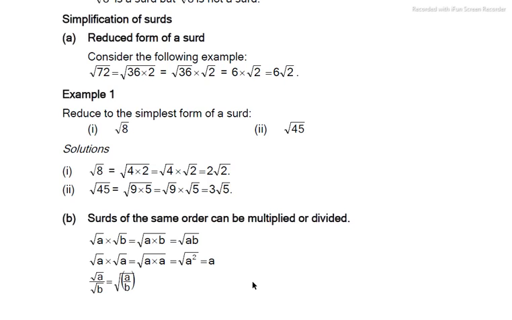Square numbers are the result you get after multiplying a natural number by itself once.